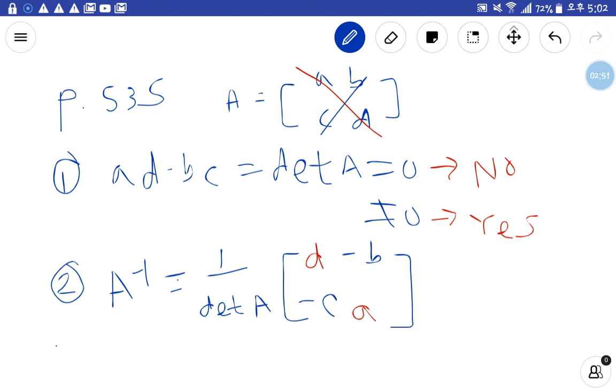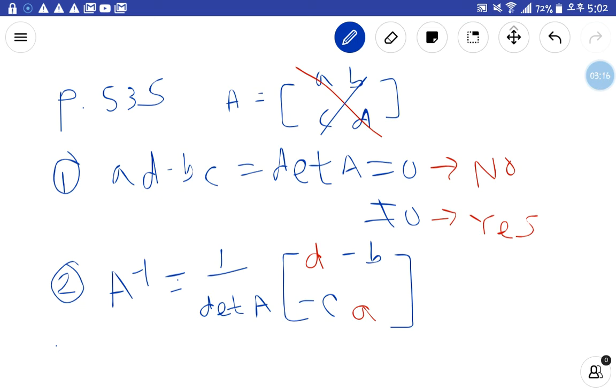So for now, we're going to practice with the 2 by 2 matrix, and then we have an opportunity to work on the determinant of a 3 by 3 matrix. Page 536 introduces how to find the determinant of a square matrix. As you see, it's only workable when we have a square matrix.